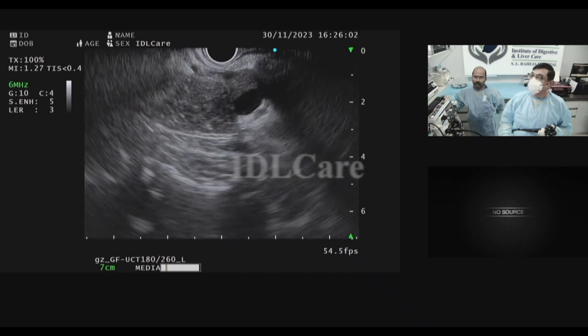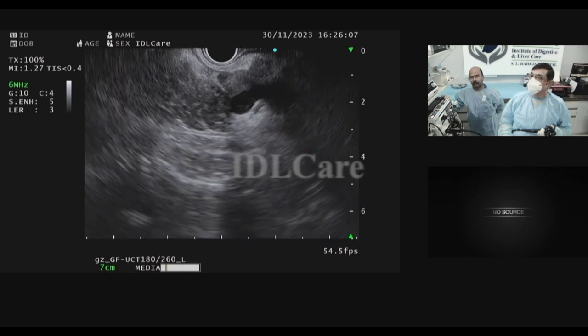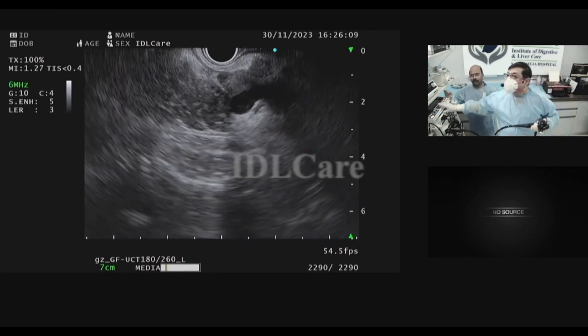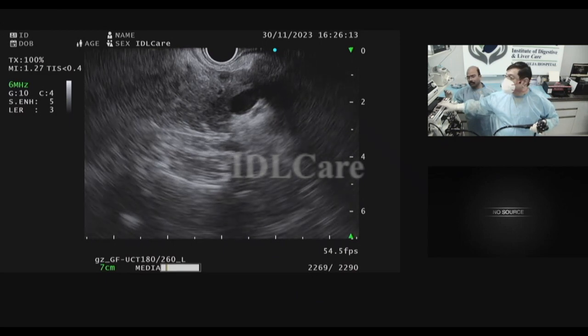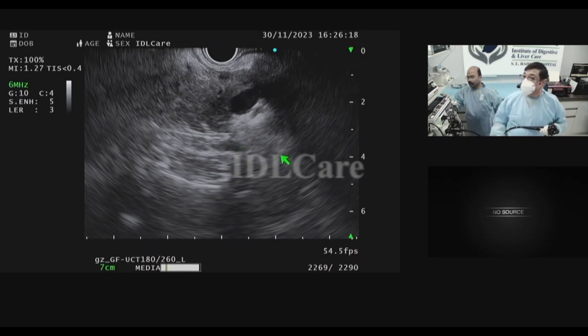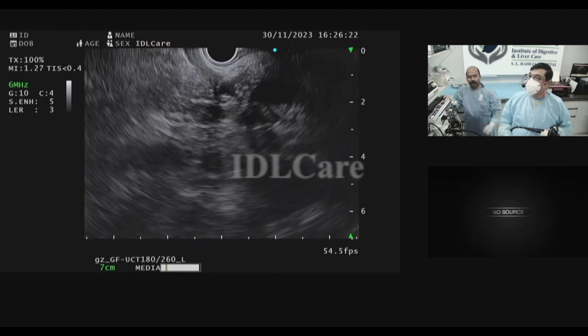Now here we should see the bile duct. So this is the bile duct. Here we have not seen a stone from the stomach as yet, but let us see again.